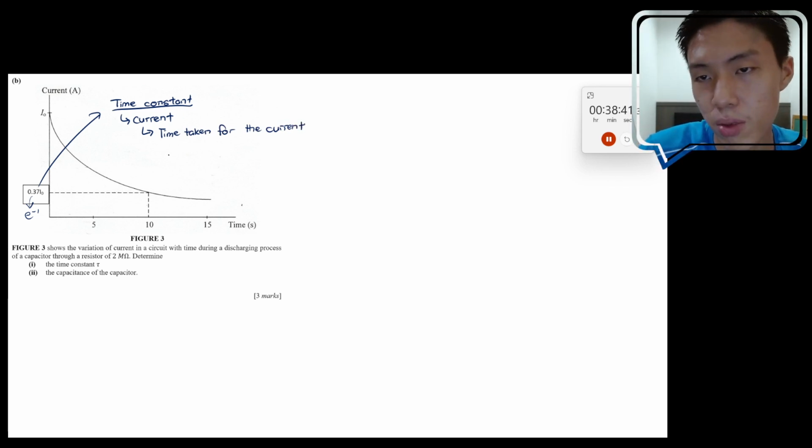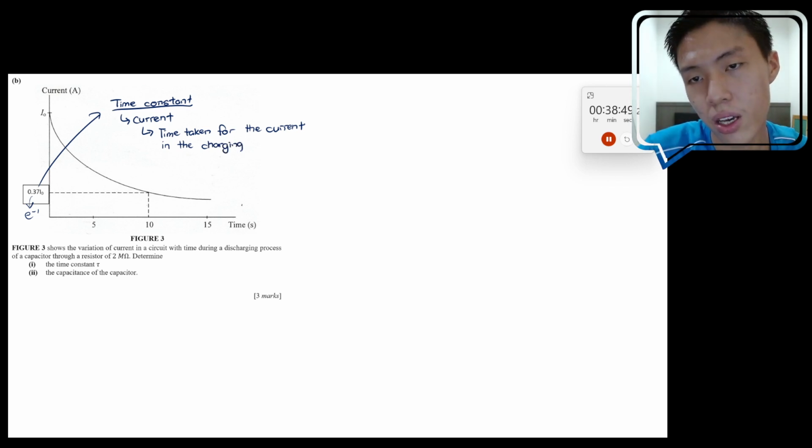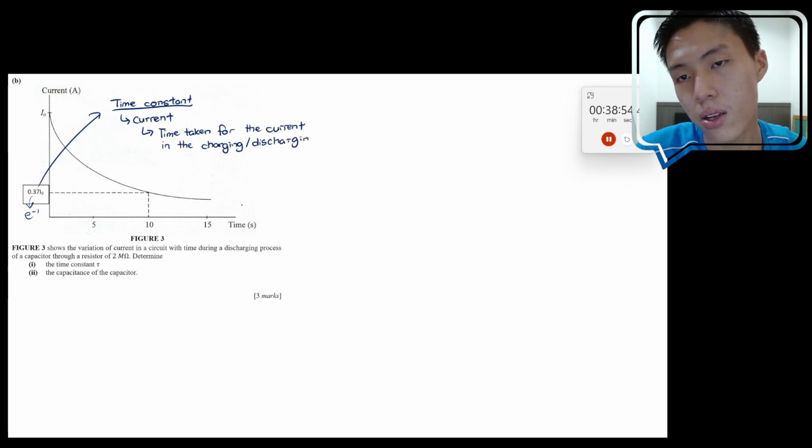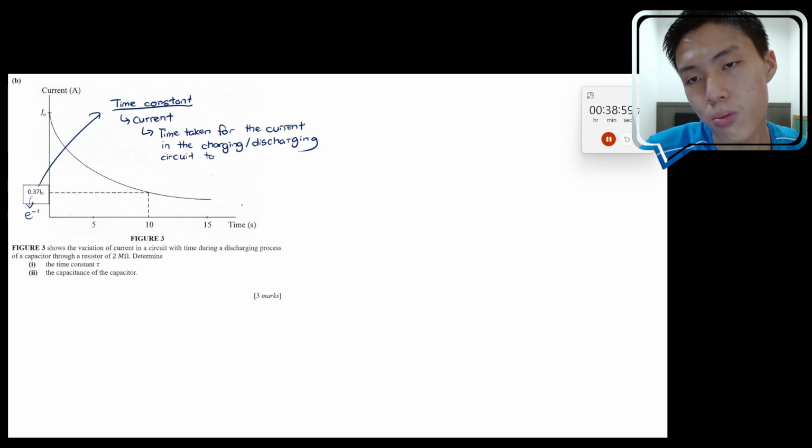So you can say the time taken for the current in the charging or the discharging circuit to drop to 0.37, i.e. 0.37 is found using e negative 1 here, of its initial value. Initial value is what? I0, no?